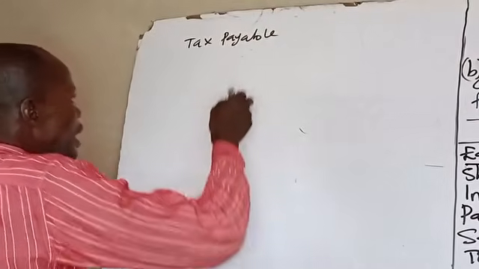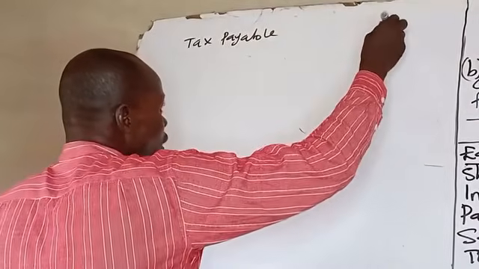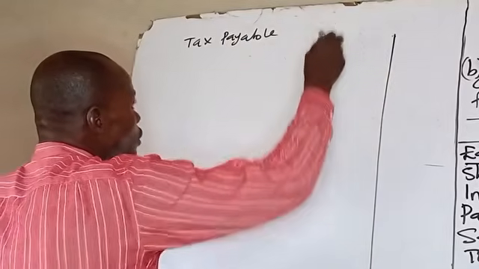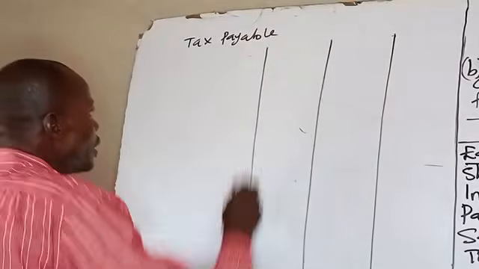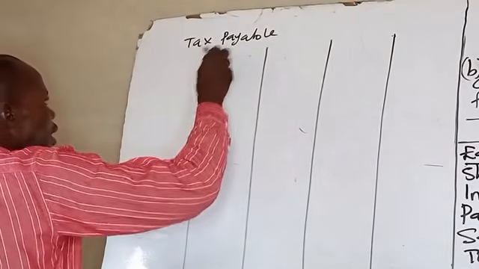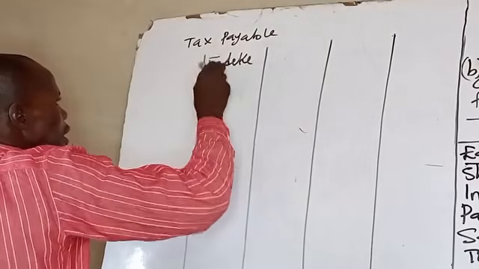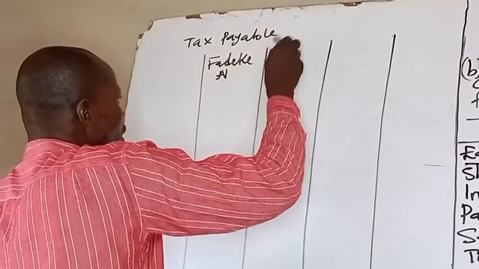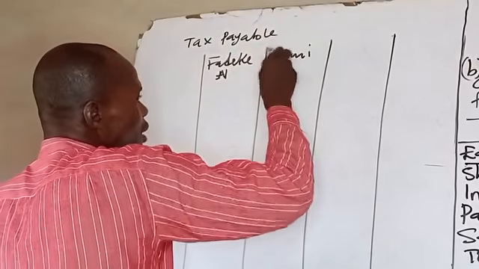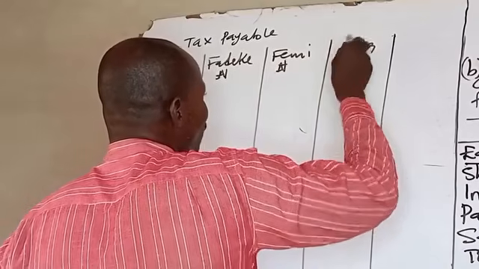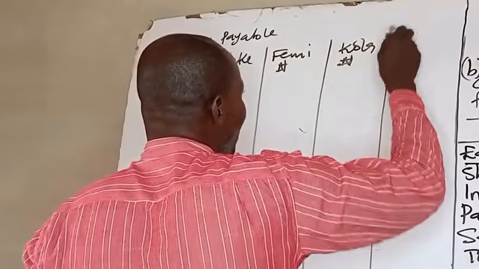We have Fadeke. There are 4 of them. 1, 2, 3, and 4. The first person is Fadeke. The second person is Femi. The third person is Kola. And the fourth person is Benga.